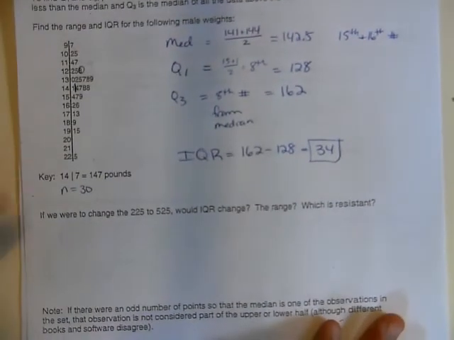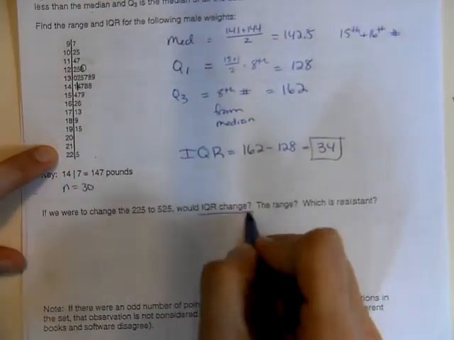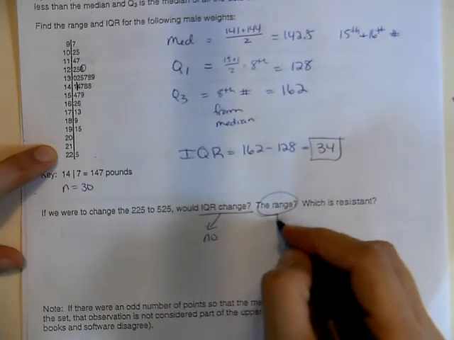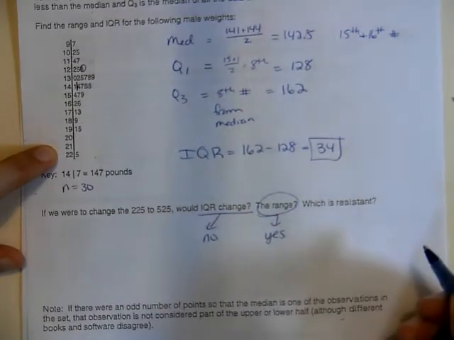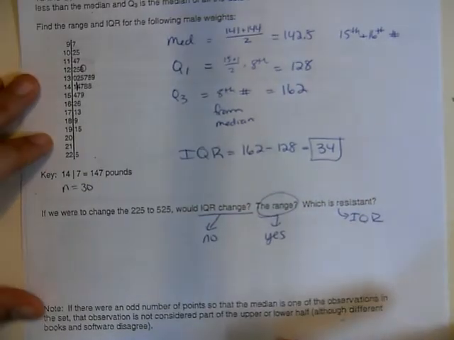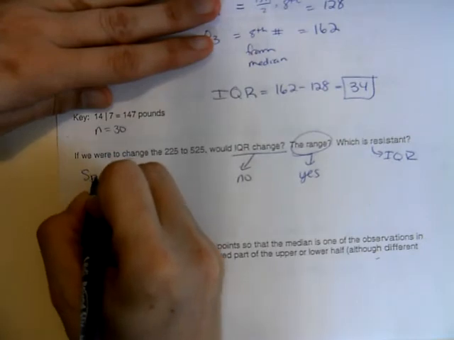So if we were to change the 225 to 525, would the IQR change? No. Does the range change? Yes. So which is resistant? The IQR. So there's basically 3 ways that you can talk about spread.